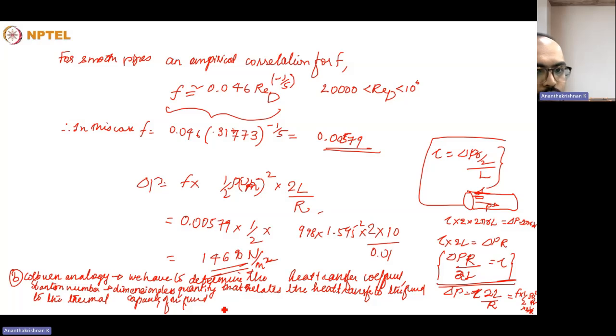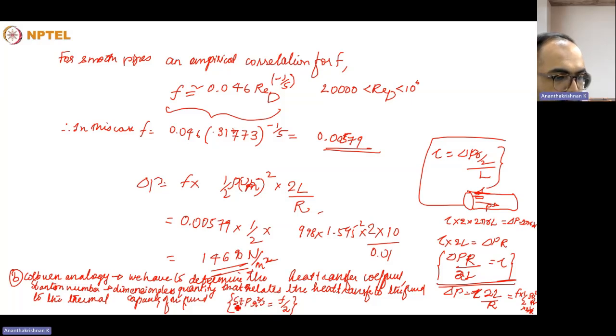Momentum diffusivity is equated to the friction factor, and the thermal diffusivity is equated to the Stanton number part. So Stanton number into Prandtl number raised to 2 by 3 is equal to friction factor by 2.